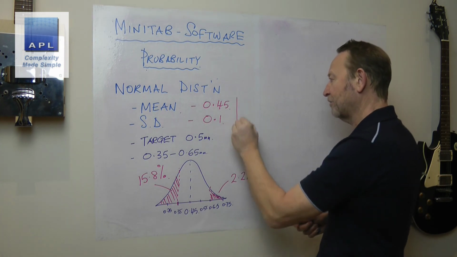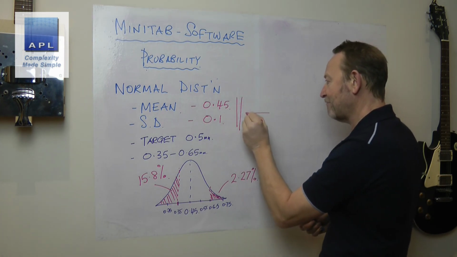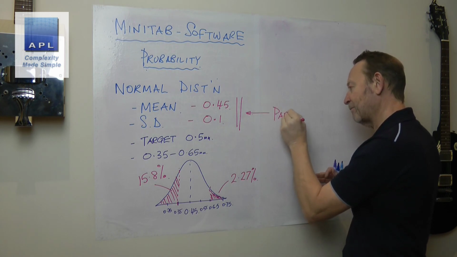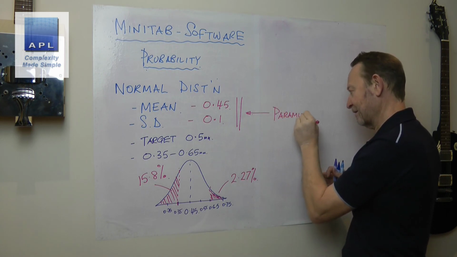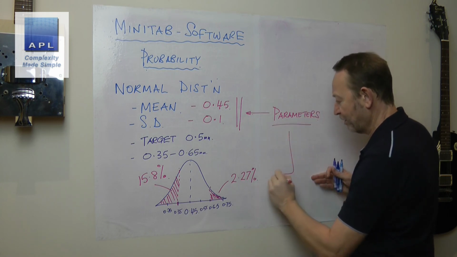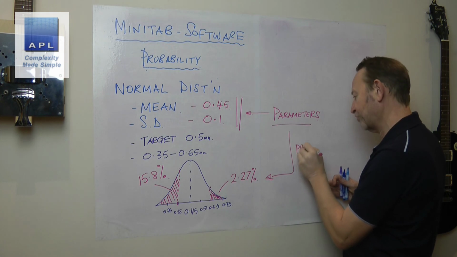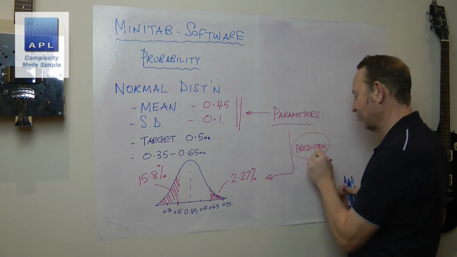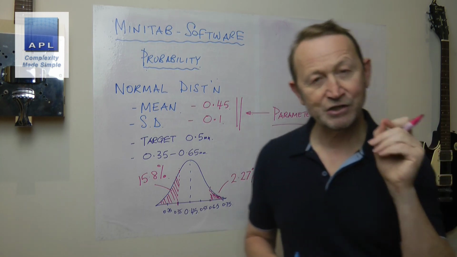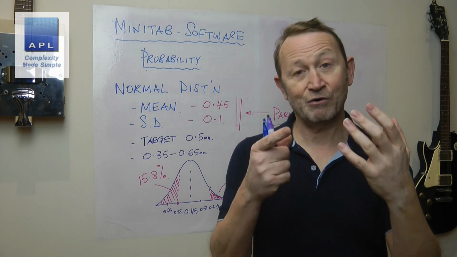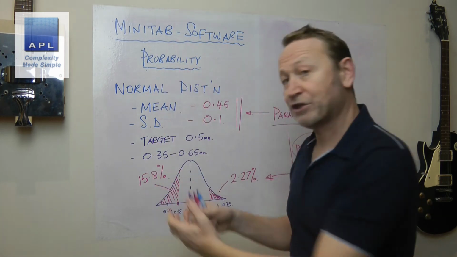Remember, by the way, that the supplier never gave us any data. They only gave us the parameters, and then we are drawing an inference. We are making a prediction about the defect rate inside their organization so that we can judge how risky it could be that they're going to send us defects. So there's the normal distribution.